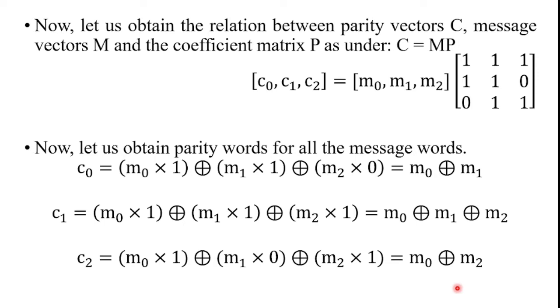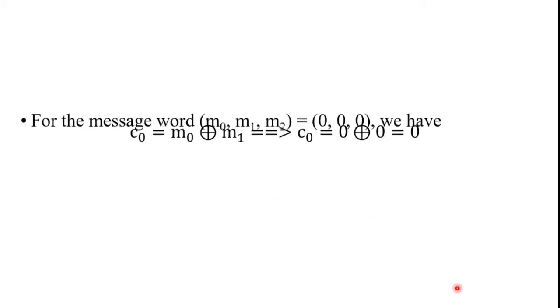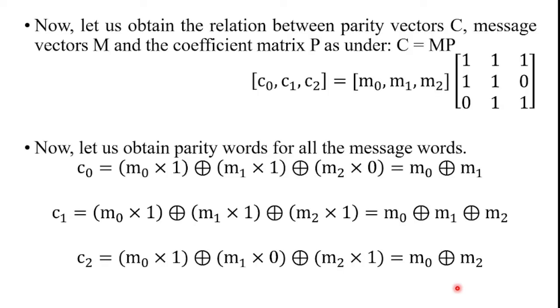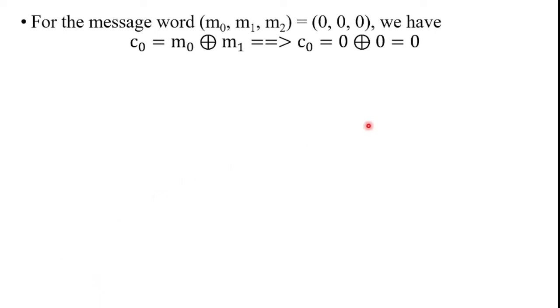First, we consider the message vector M0, M1, M2 equal to 0, 0, 0 and substitute the values into the above three equations, C0, C1, C2. We use the modulo 2 addition operation. What is the modulo 2 addition operation?